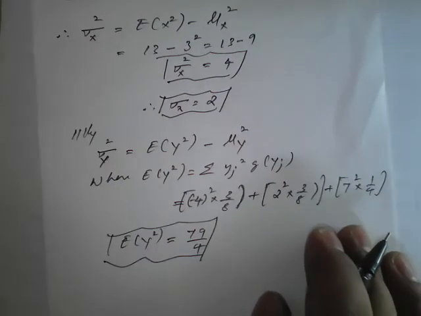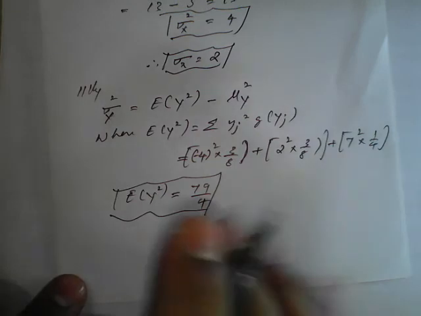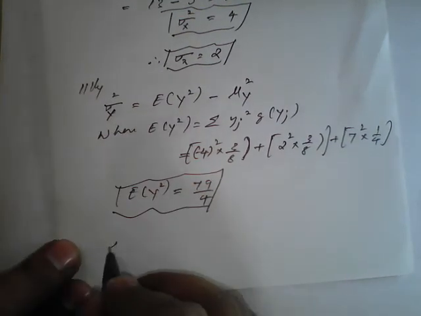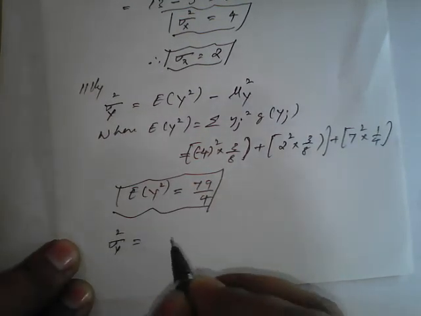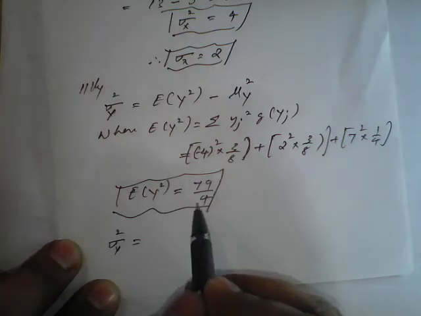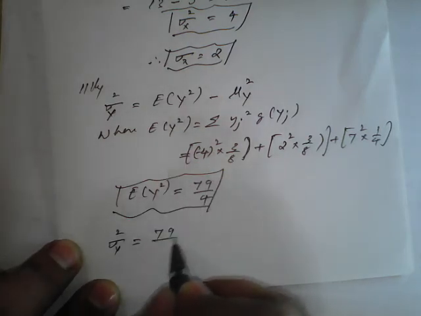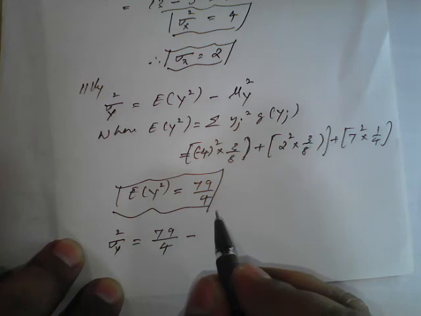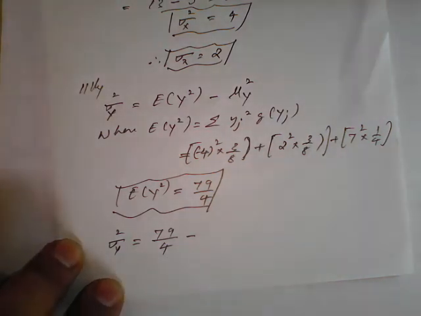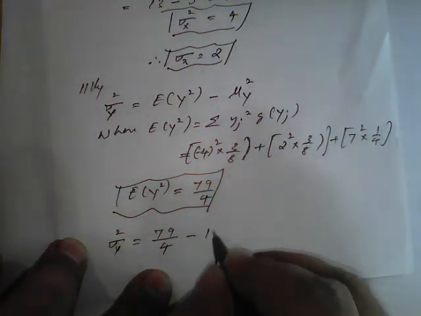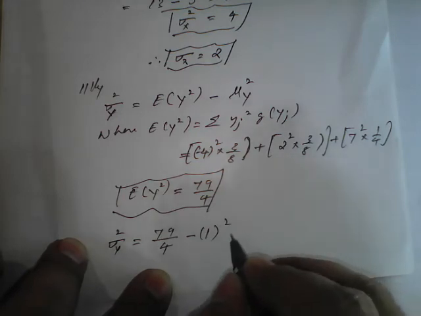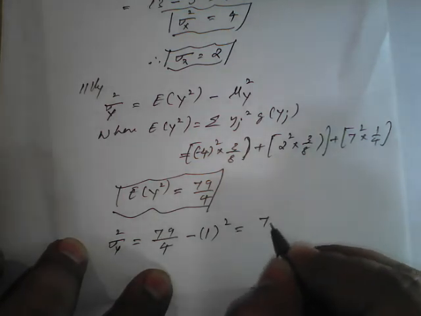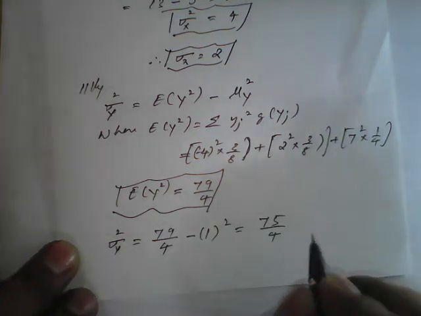In the formula, variance of y is expectation of y square, which is 79 upon 4, minus mu of y square. The mu of y value we got is 1, so 1 square. That gives 75 upon 4.